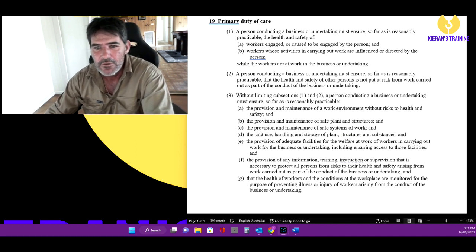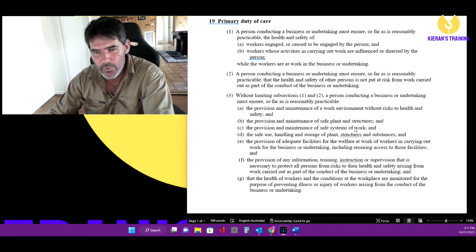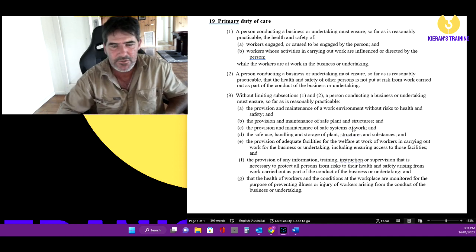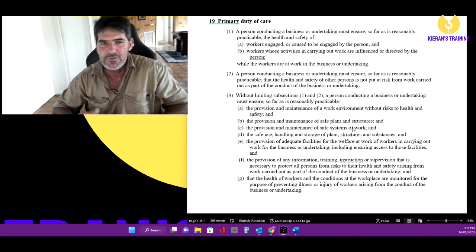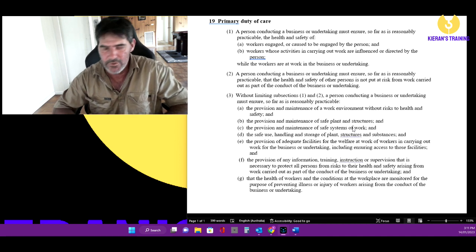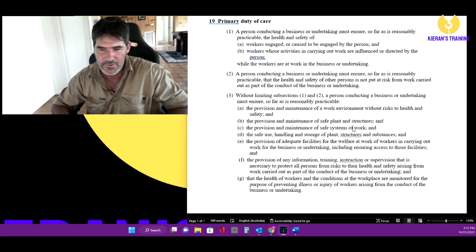The provision and maintenance of safe systems of work. So that means all the policies and procedures are there to look after the health and safety of everyone. You'll find all your workplaces will have their work instructions, their standard operating procedures.